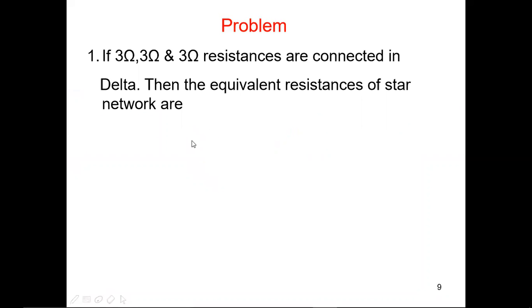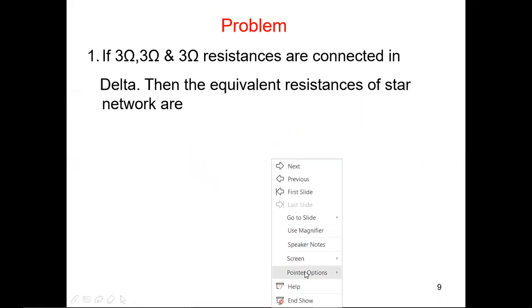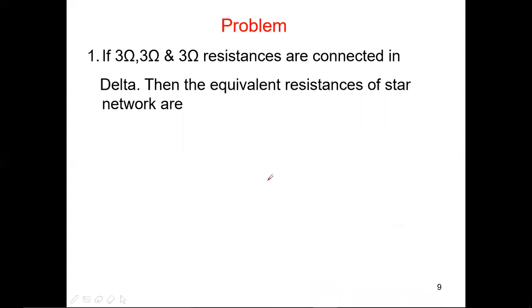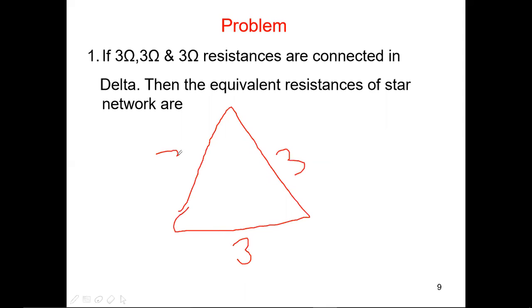In this problem, let me solve. If 3 ohms, 3 ohms, 3 ohms resistances are connected in delta, then find the equivalent resistance of star. So this is conversion of delta to star, the last session's conversion technique. Here we need to draw the delta connection for this. Delta connection, I'll have the same value of resistance 3, 3, 3.